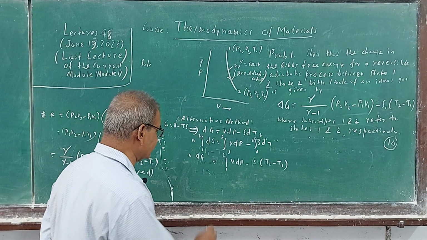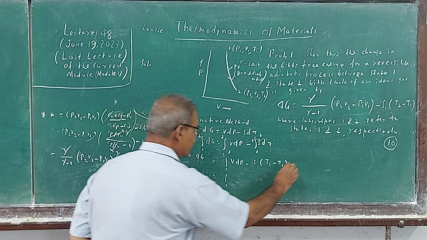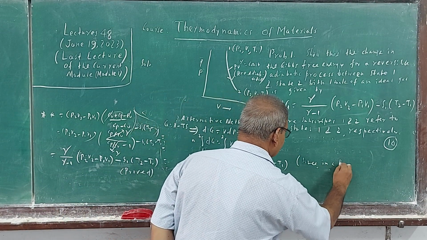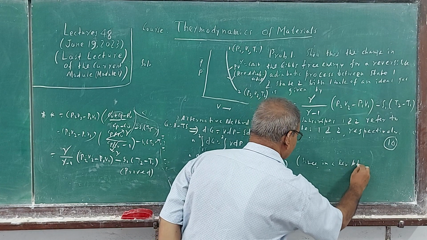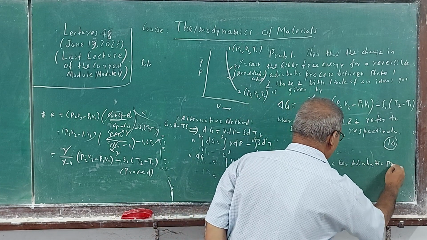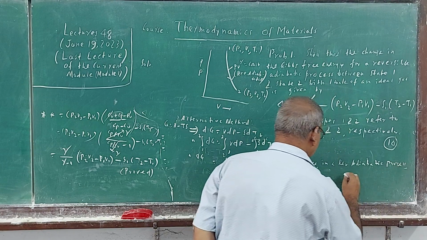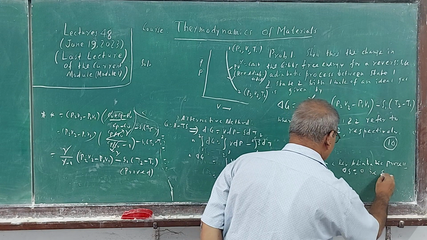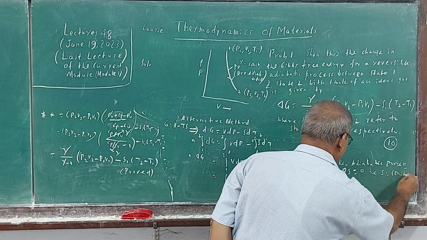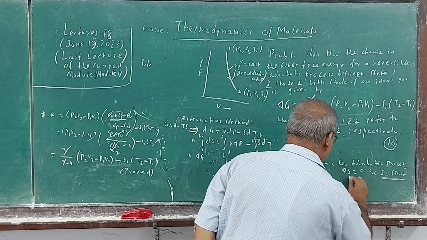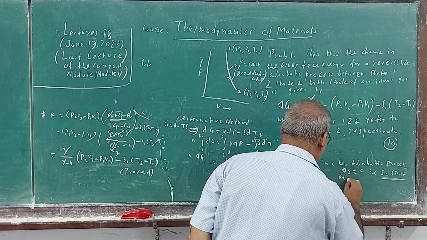Since in a reversible adiabatic process, delta S is 0, that is S is constant. S is constant means S2 is S1.